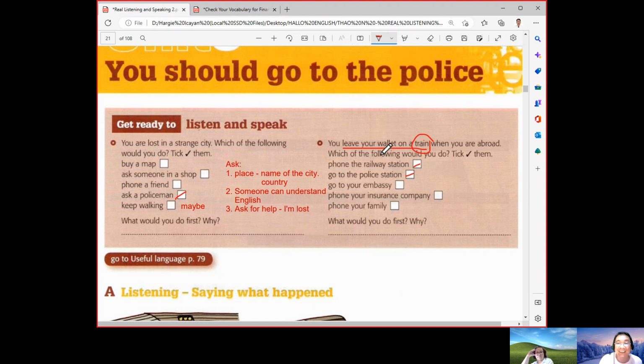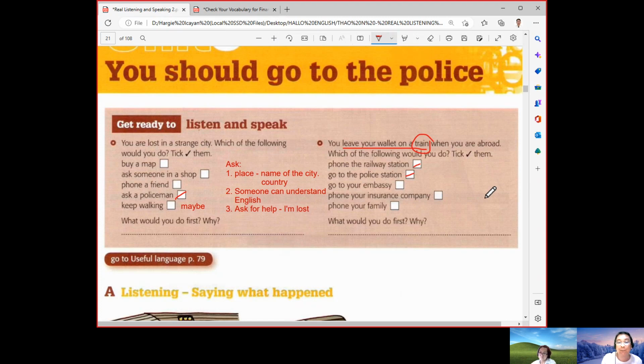Maybe someone got my wallet and sent it to the police station. So maybe you just have to report that someone stole my wallet on the train already. That's why I am reporting it.